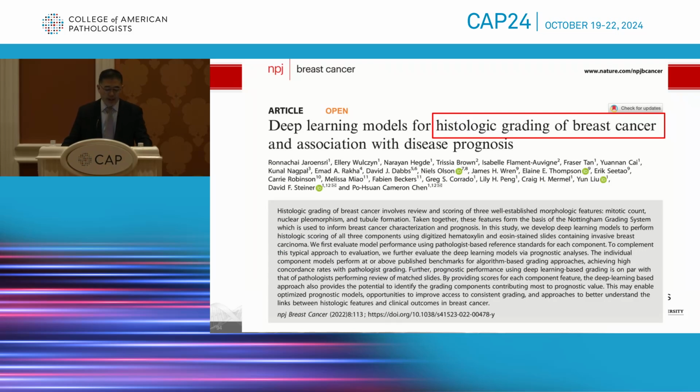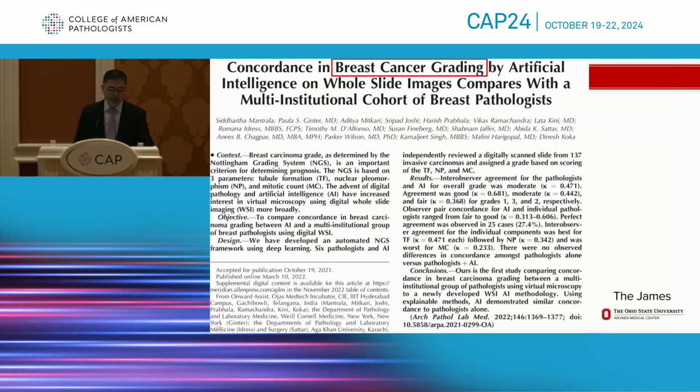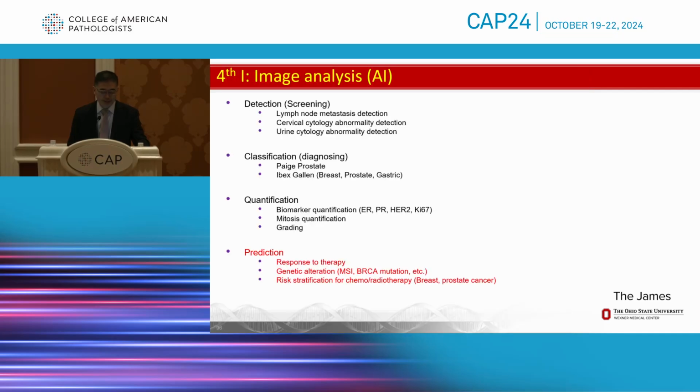As mentioned, there are tools available to quantify the breast cancer grading scores as well. As we know, there is the Nottingham grading system, publications out there, and also the tools are out there. I just want to mention that. And this is also a publication regarding quantifying the breast cancer grading scores. All right, let's move to the last category, the prediction category.